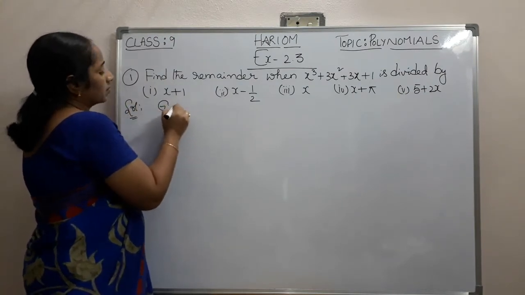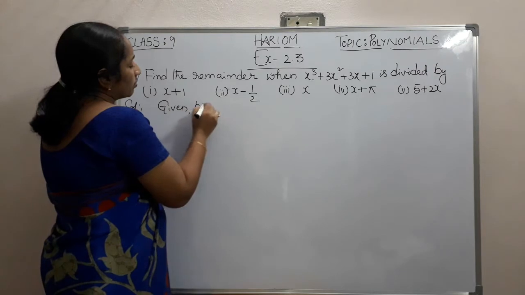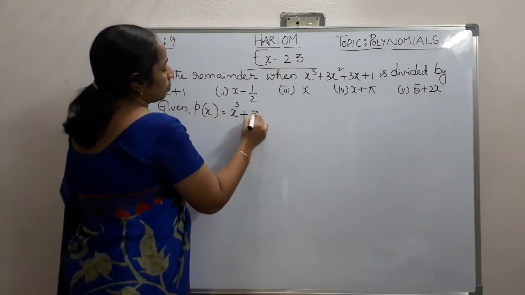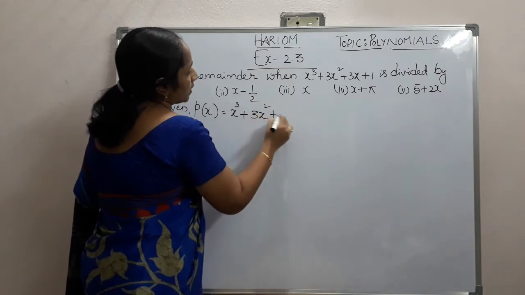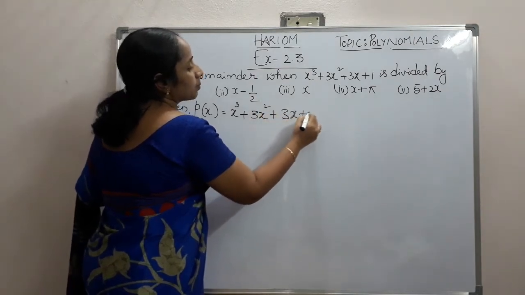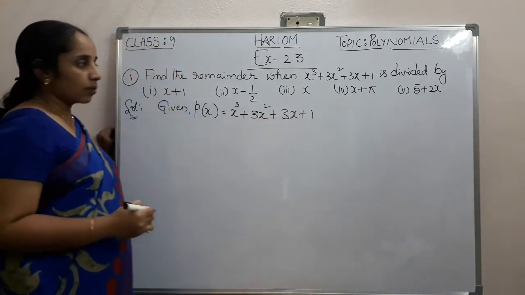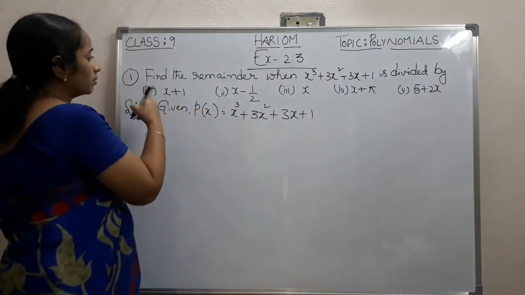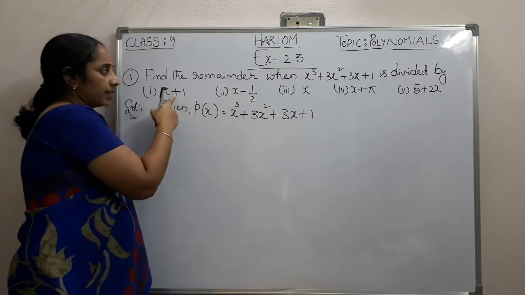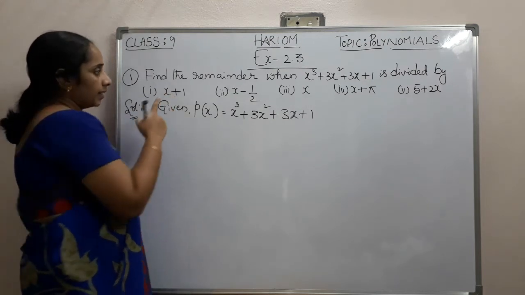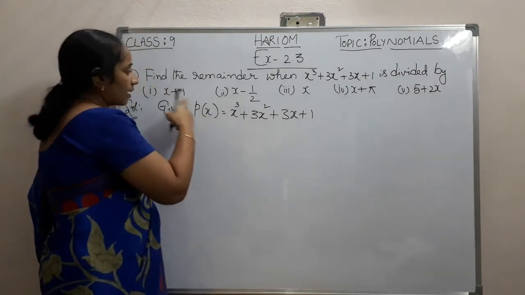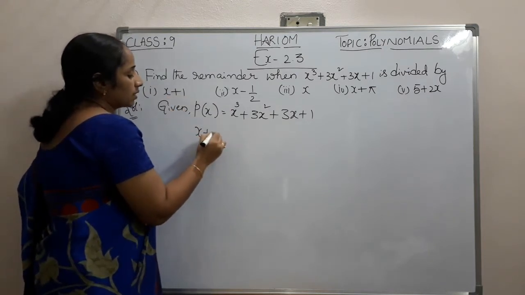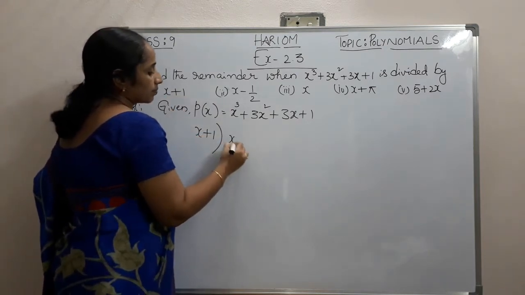Given p of x is equal to x cube plus 3x square plus 3x plus 1. First we are going to divide by x plus 1. Here this is the dividend and this is the divisor. So do the division by x plus 1.